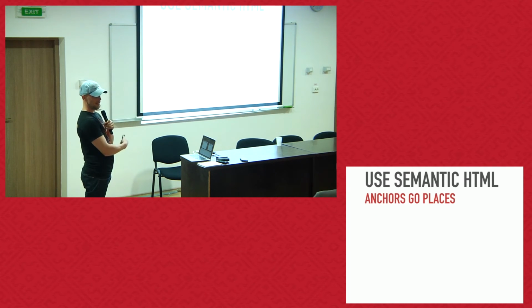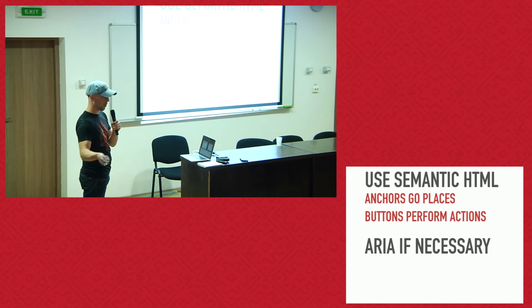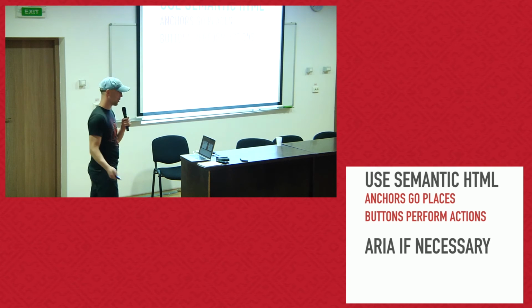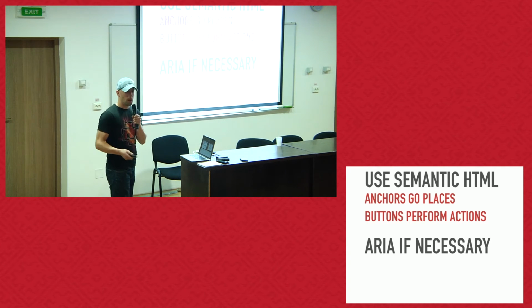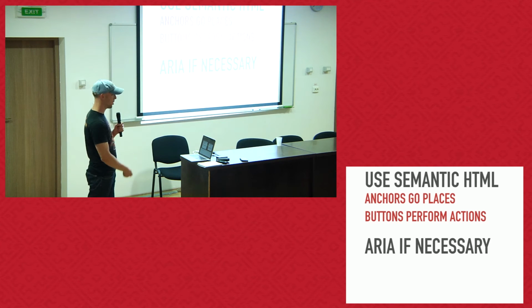So I've been over this. You guys should all know this by now. Use semantic HTML. Anchors go to places. Buttons perform actions. Use ARIA if you really have to, if you can't avoid it. I saw some Dojo code yesterday, a select box that looks the same everywhere, but there was an amount of ARIA, div soup, tag soup in there.